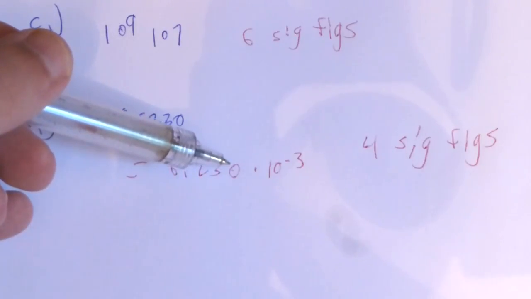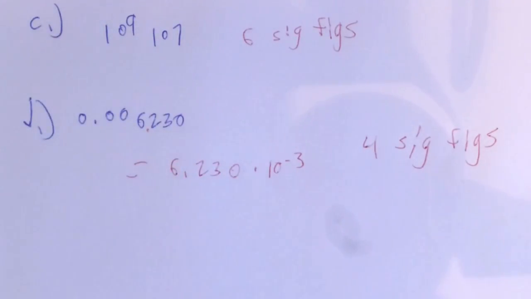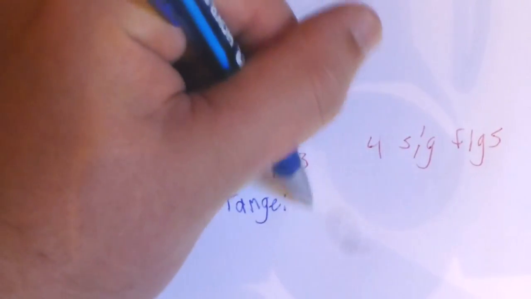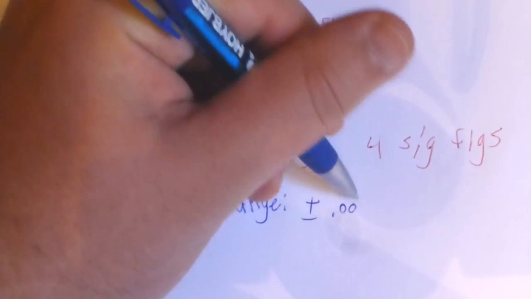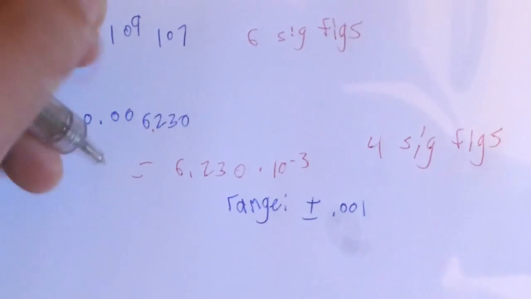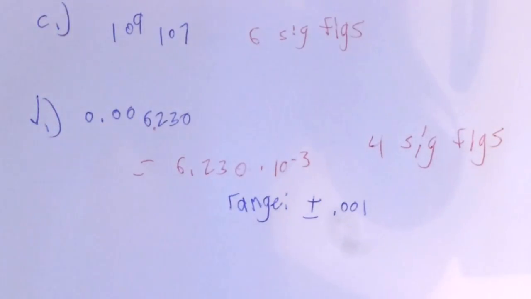This 0, therefore, is also considered significant because of the range that is implied. See? Once you do practice problems, it does get much easier.